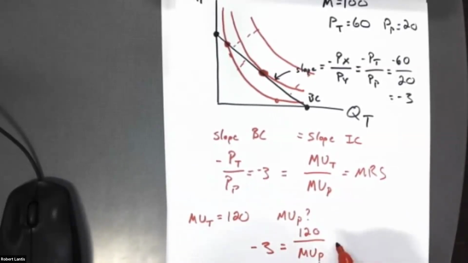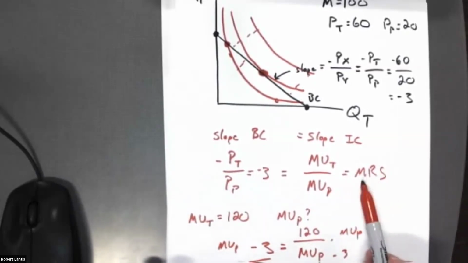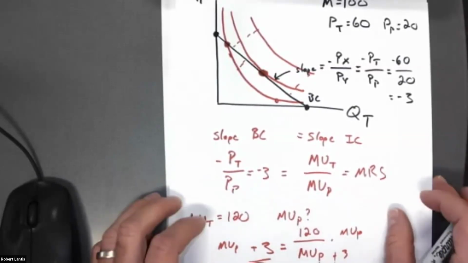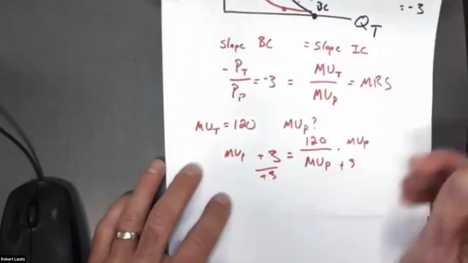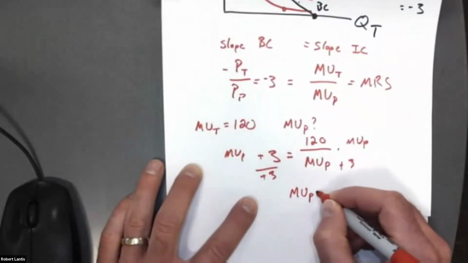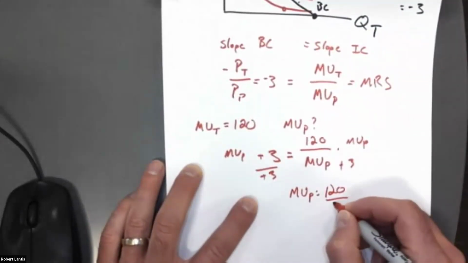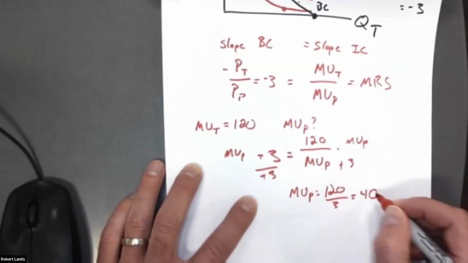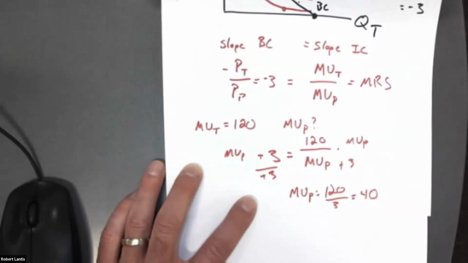Now it's just a little bit of algebra. I multiply both sides by the marginal utility of pizza, divide both sides by -3. Once again, because we're looking at this marginal rate of substitution, I'm going to end up dropping this negative sign. So I have the marginal utility of pizza must be 120 divided by 3, or 40.